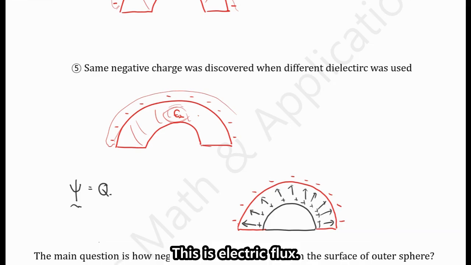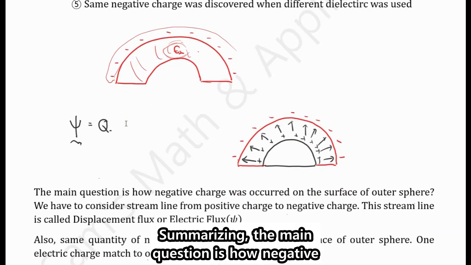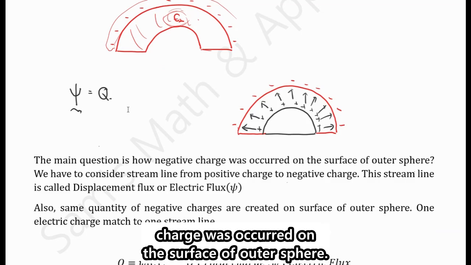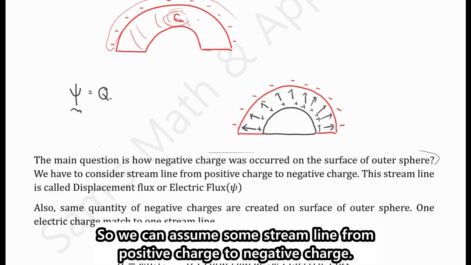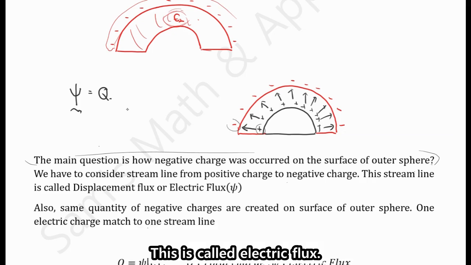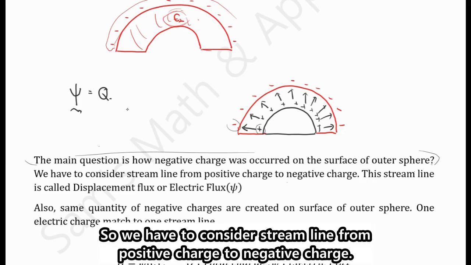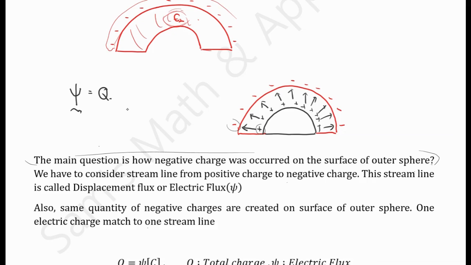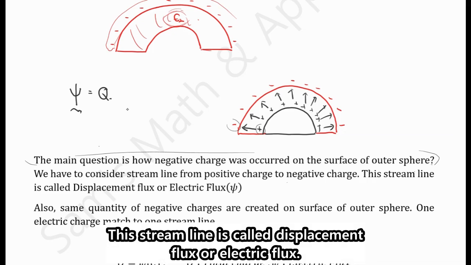Summarizing, the main question is how negative charge occurred on the surface of the outer sphere. So we assume some streamline from positive charge to negative charge. This streamline is called displacement flux or electric flux.